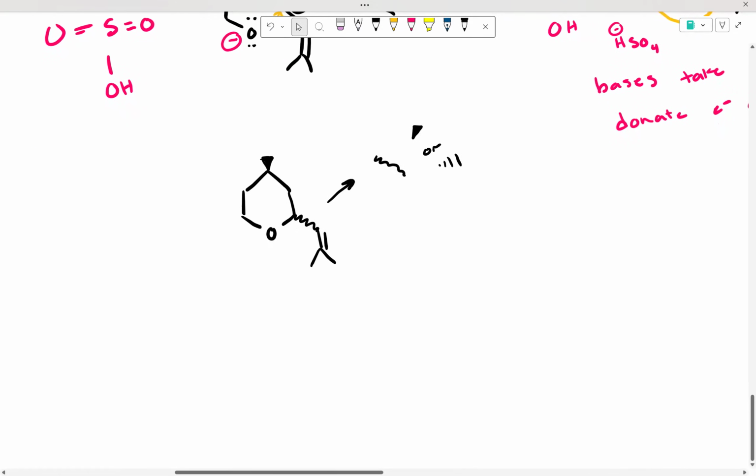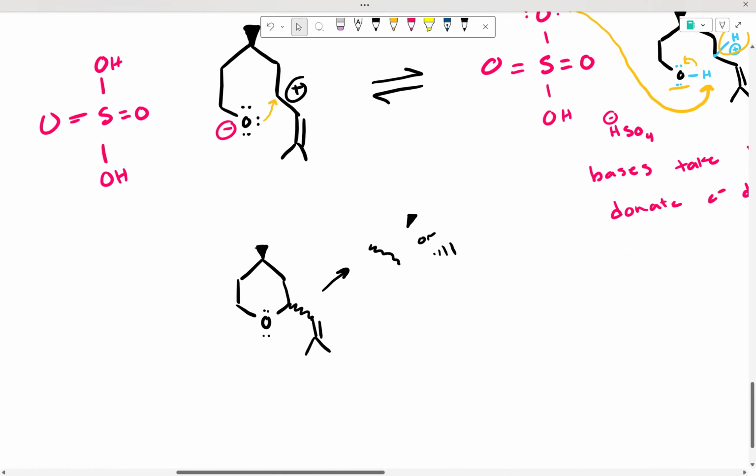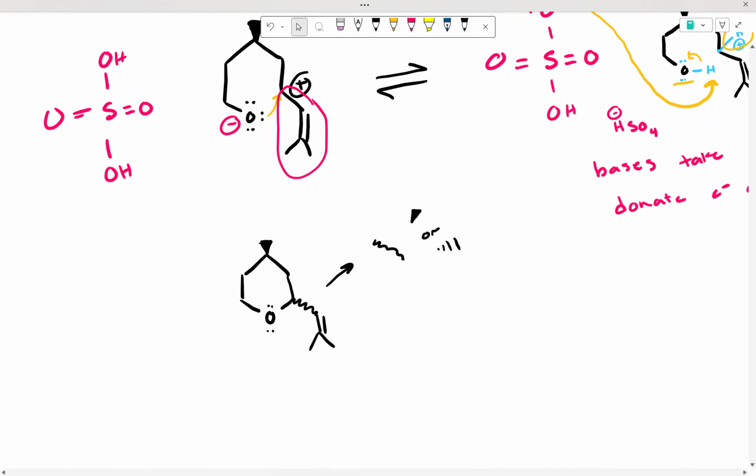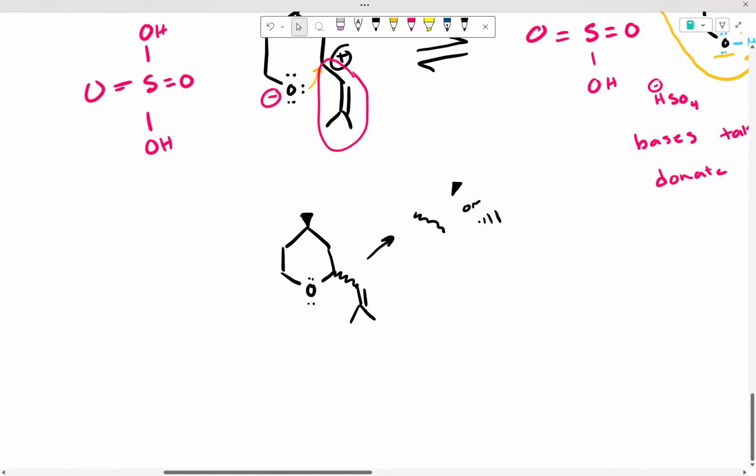That's because if oxygen attacks from the back of the molecule, where is this whole thing going to go? Is it going to go from the back or from the front? Well, this is kind of like an intramolecular SN2 reaction, right?